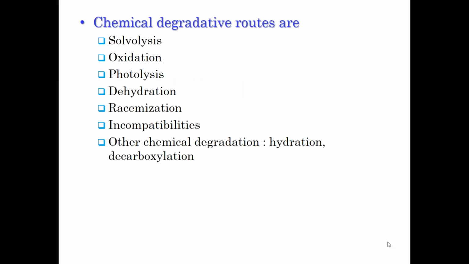We are going to understand each process quickly, in a quick glance. It's a revision, not repetition, for you to understand the reasons for the drug to undergo degradation. These are the examples by which the drug can get degraded by chemical routes: solvolysis, oxidation, photolysis, dehydration, racemization, incompatibility, and also other changes which happen due to hydration and decarboxylation.